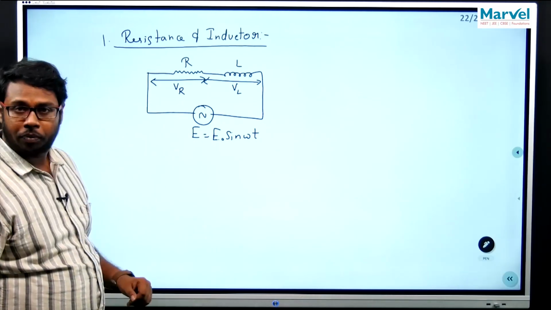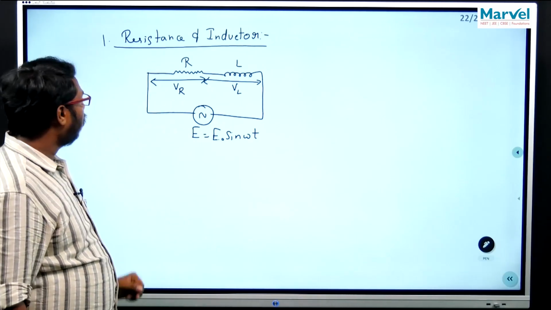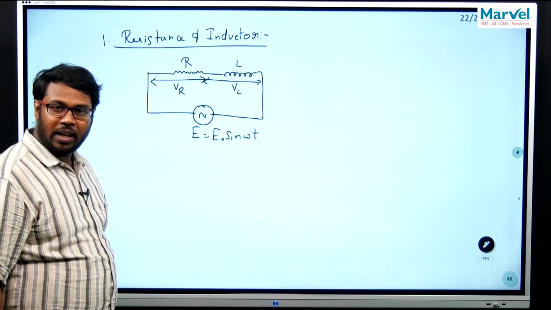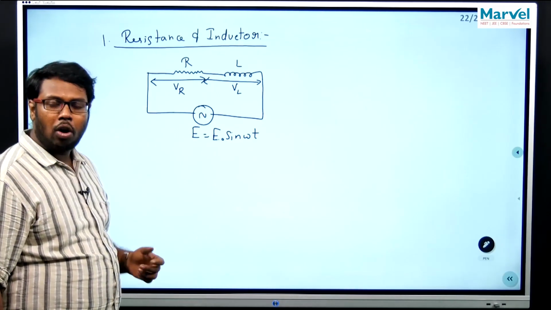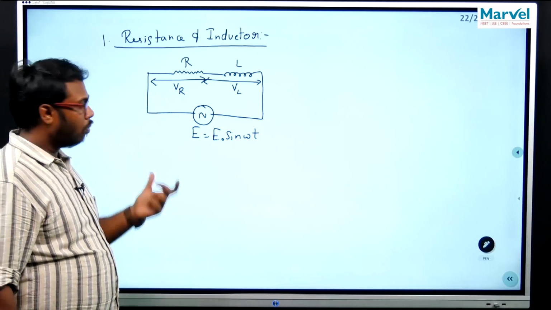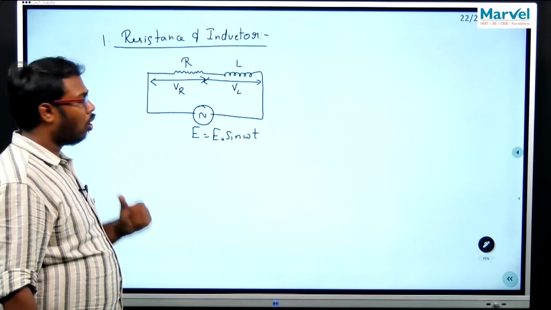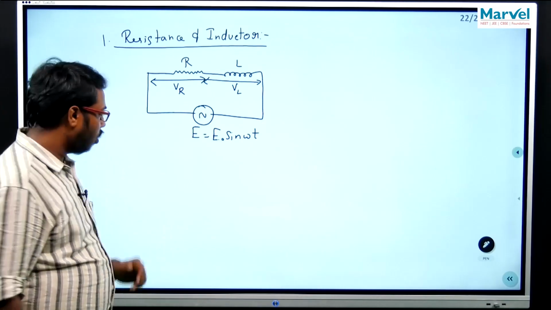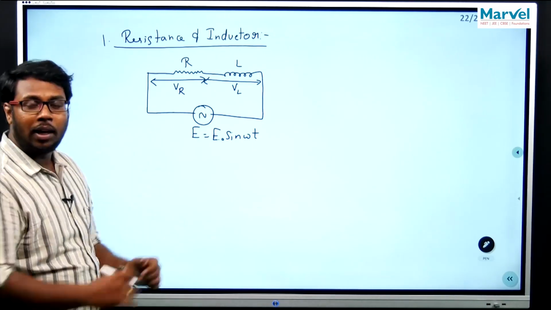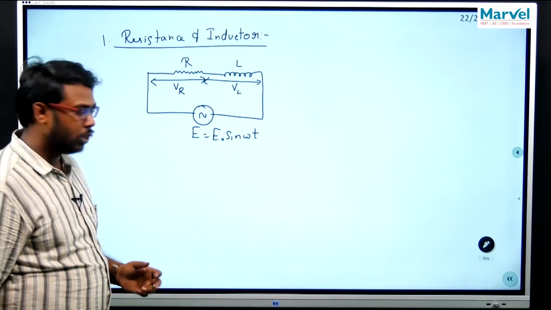Right? Now if you see, both the components are connected in series, so the current running through them is going to be the same, but the potential drop on the individual components is going to change. So listen, I am going to deal with this concept directly using the phasor diagram.